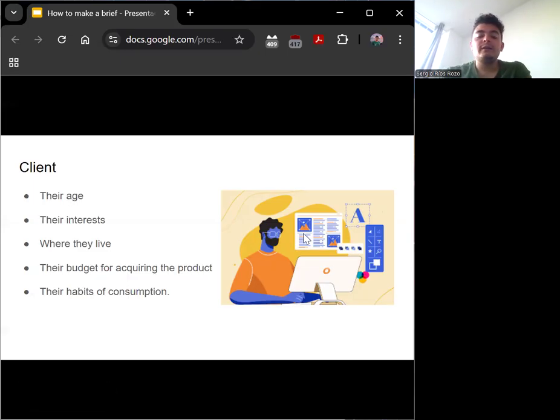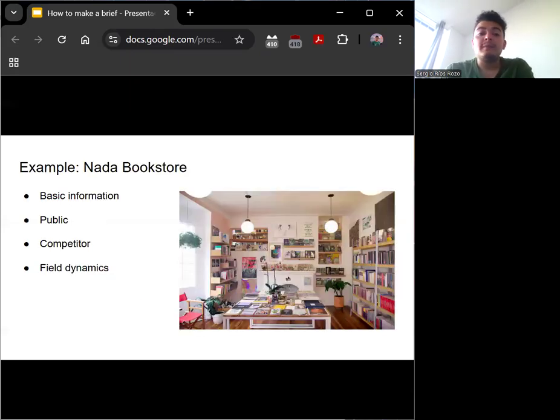To understand better how to make a brief, I brought an example that we saw in class. The teacher asked us to make a brief based on a little enterprise.